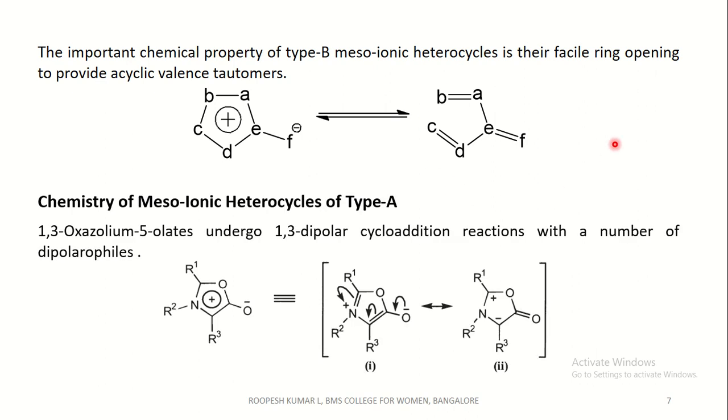Now coming to the chemistry of mesoionic heterocycles of type A, 1,3-oxazolium thiolates undergo 1,3-dipolar cycloaddition reactions with a number of dipolarophiles. This is a 1,3-oxazolium compound, a heterocycle, with the olate at the 5th position.